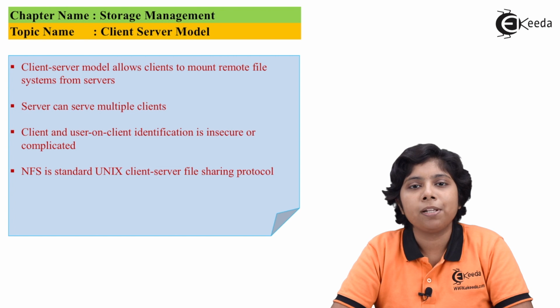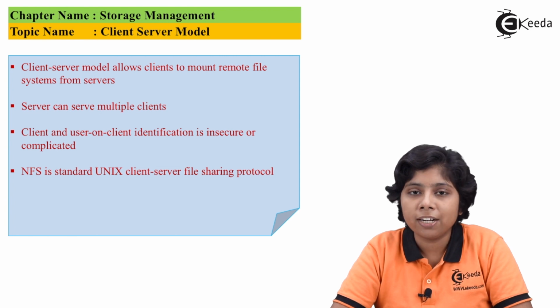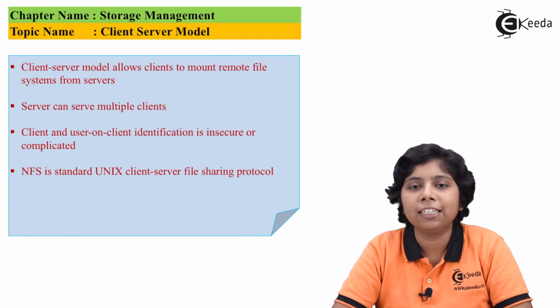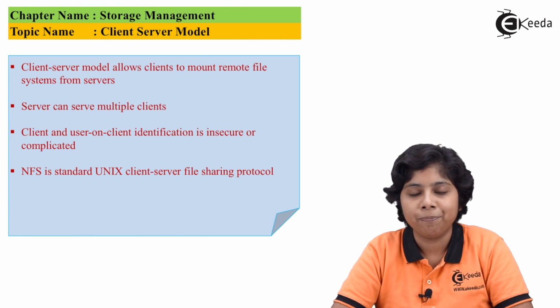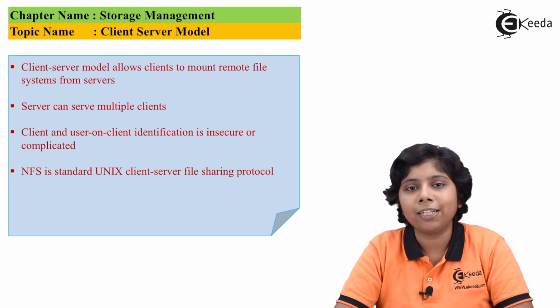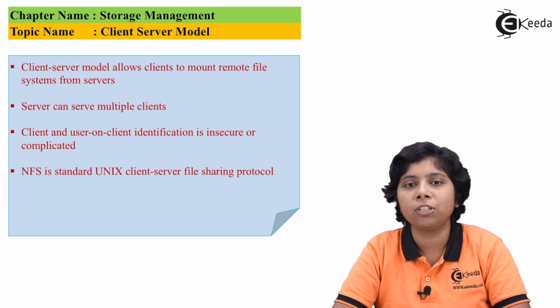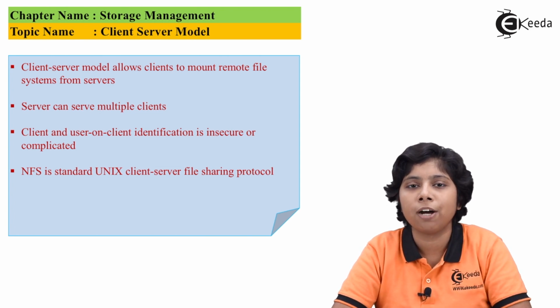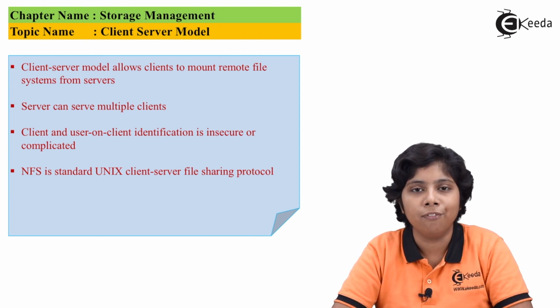For example, say a user ID on the client is 1000 and that on the server is 2000. Here the server will not handle the file access for the client appropriately, as it would determine access based on user 1000 rather than on the actual user ID, 2000, on that particular server.